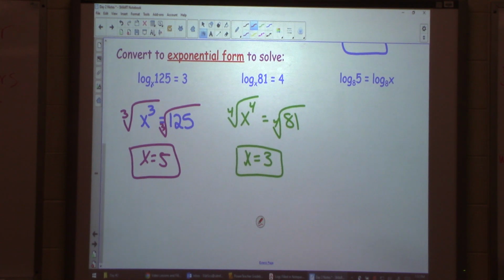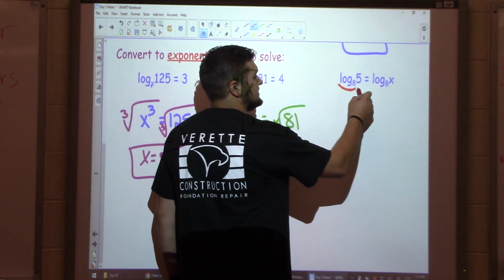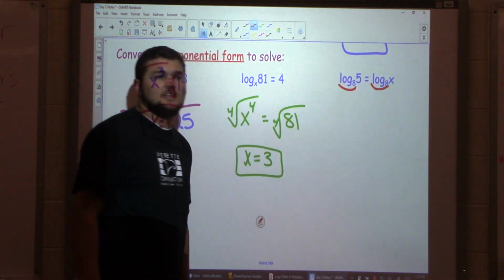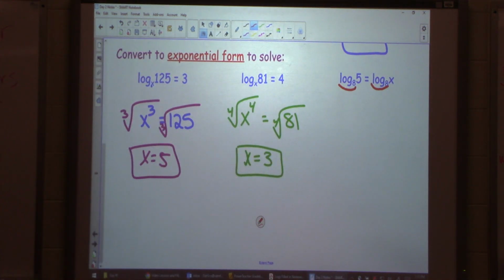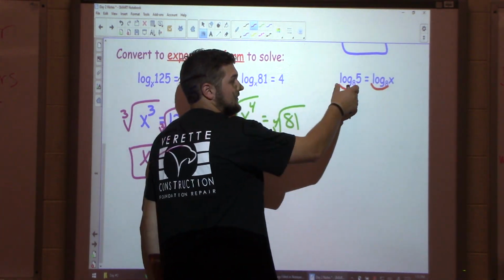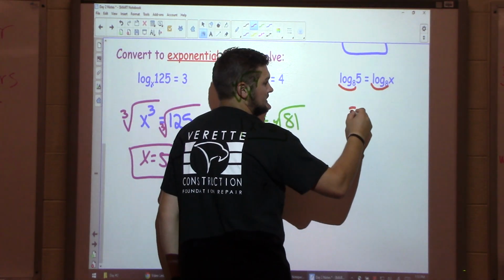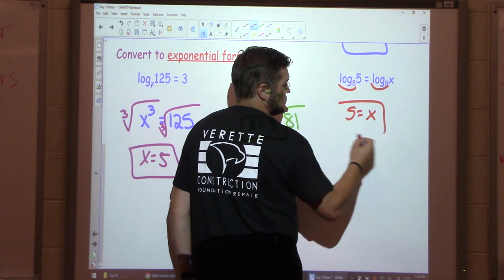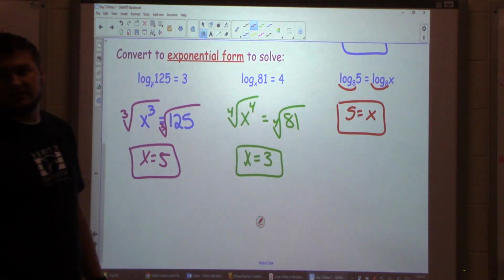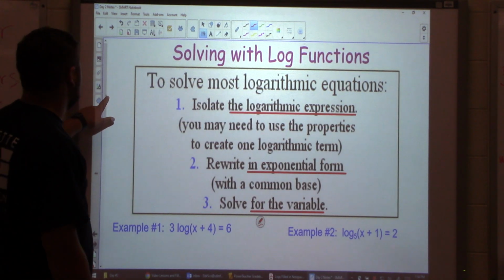If I have the same bases, log base 8, and I know they equal each other, what I'm taking the log of has to be equal. So 5 is going to have to equal x. Good. Any questions on that?